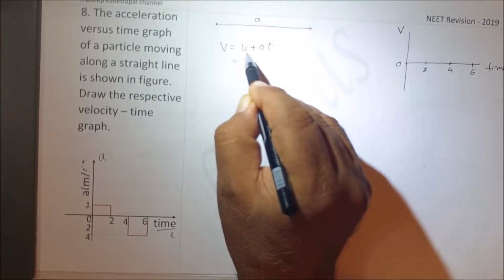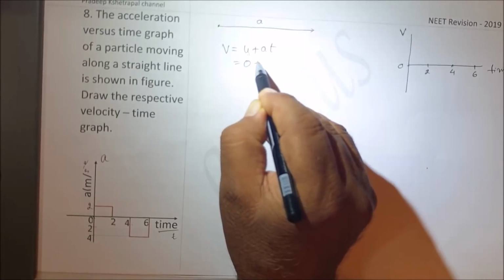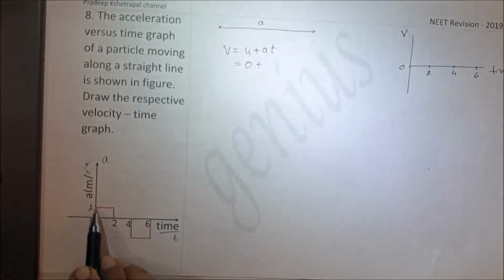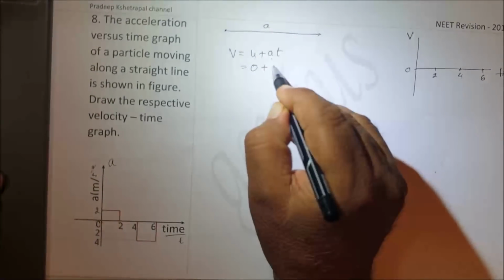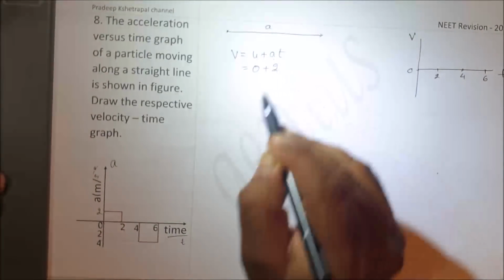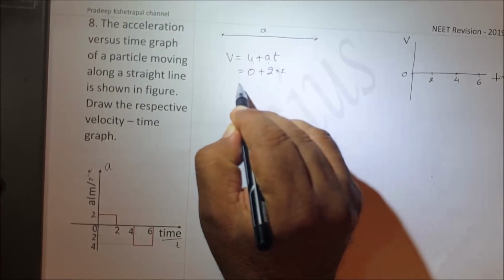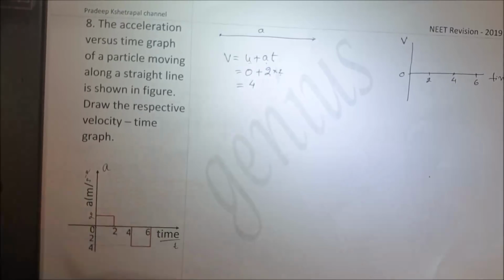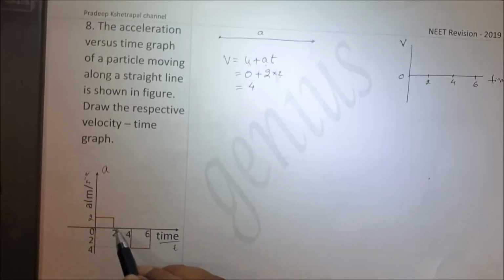Taking initial velocity as 0 and acceleration 2, that means it is uniform acceleration. 2 for 2 seconds, so this is equal to 4. So velocity becomes 4 in 2 seconds.